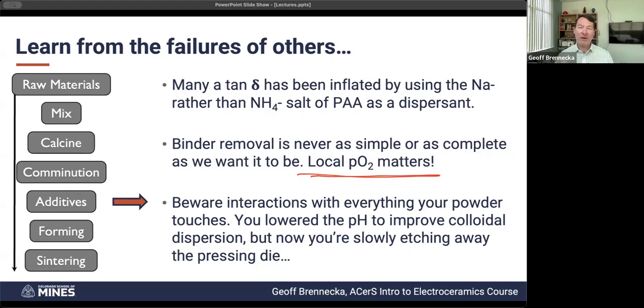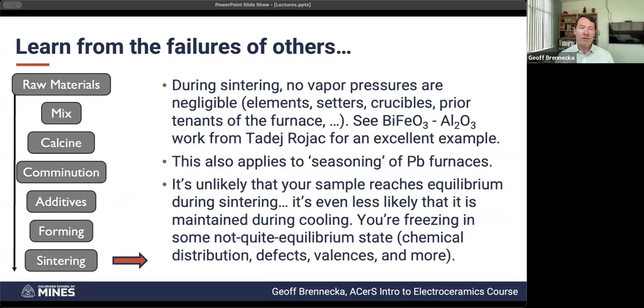Every single thing that your powder touches is going to interact in some way. And again, the electrical and optical properties can be super, super sensitive to those. So keep that in mind. Forming, similar to what we just mentioned, but the sintering is where a lot of the magic happens.